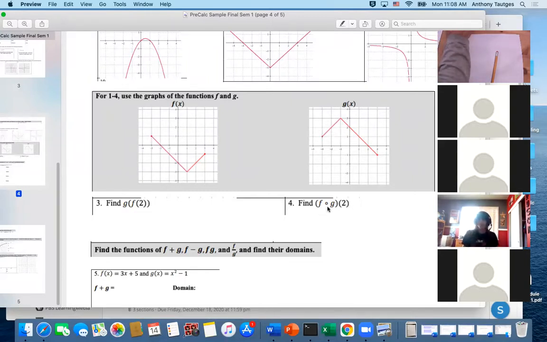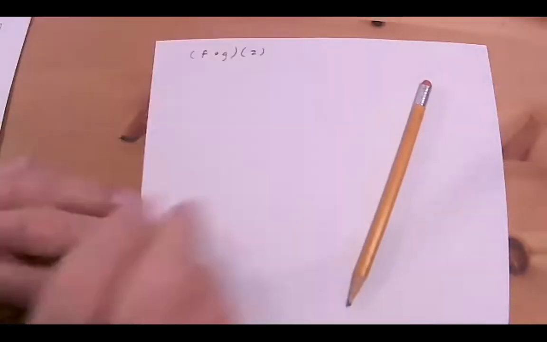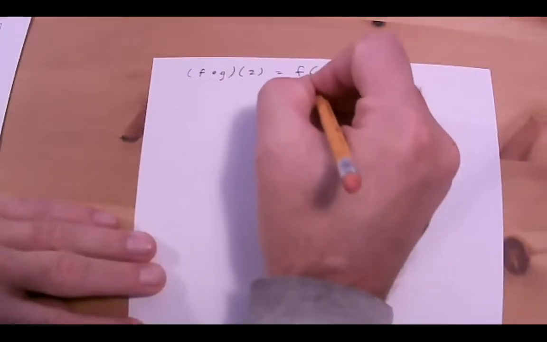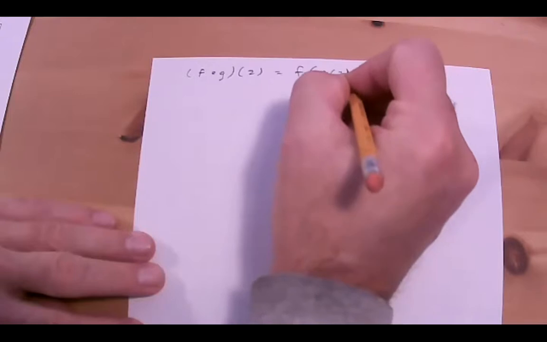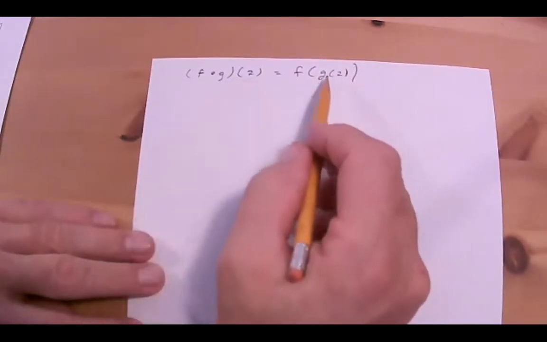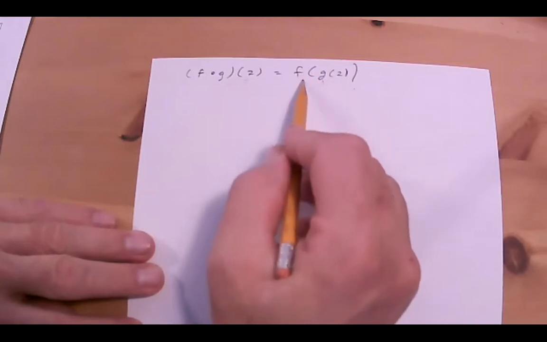For number 4, this notation, what does this mean? What this means, f of g of 2, is that I want g of 2, and then I want to take f of that.